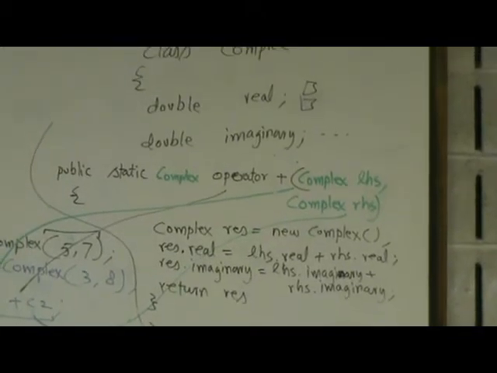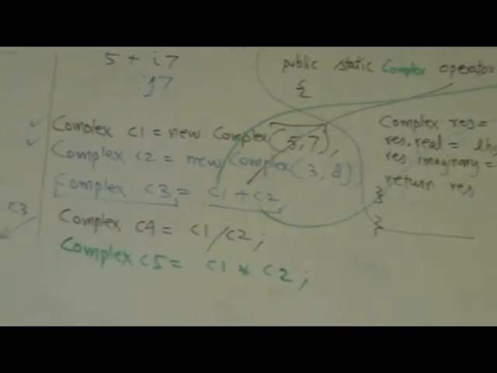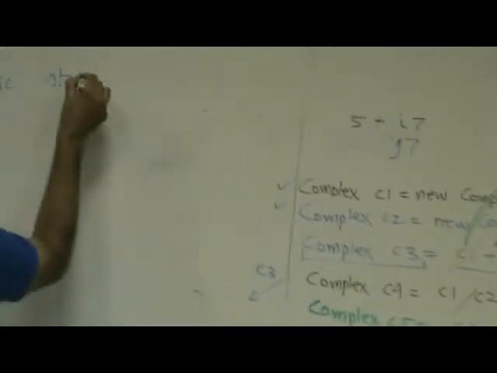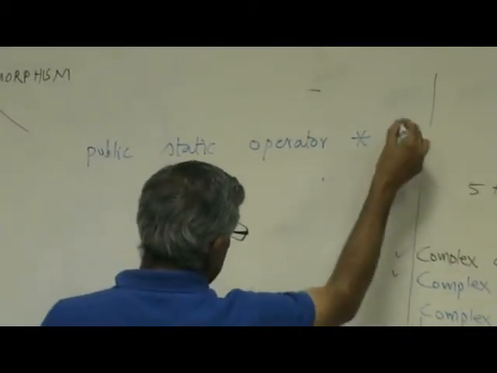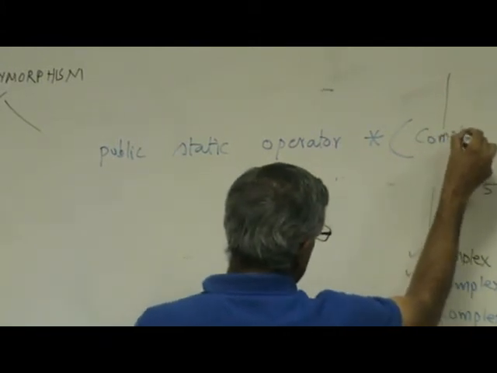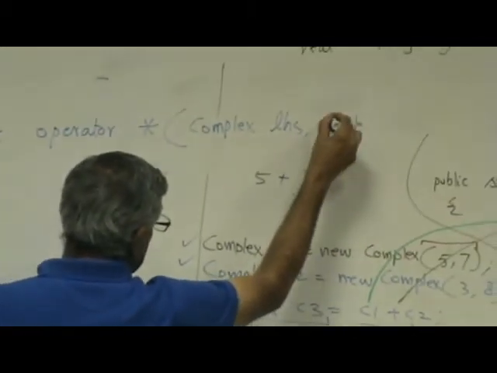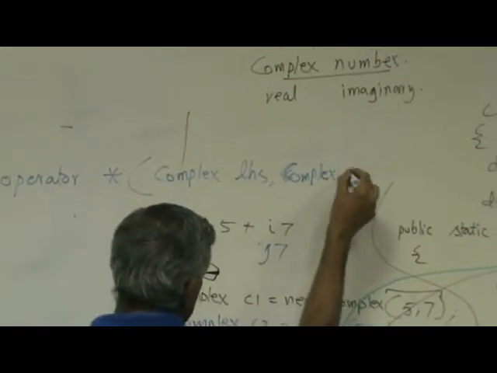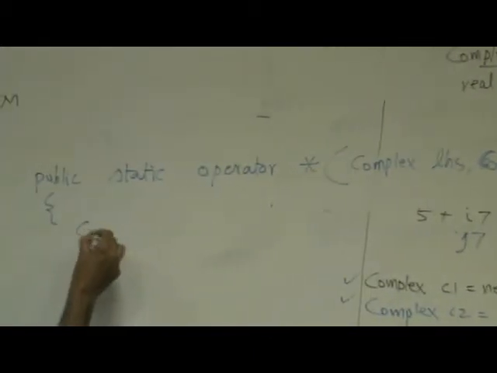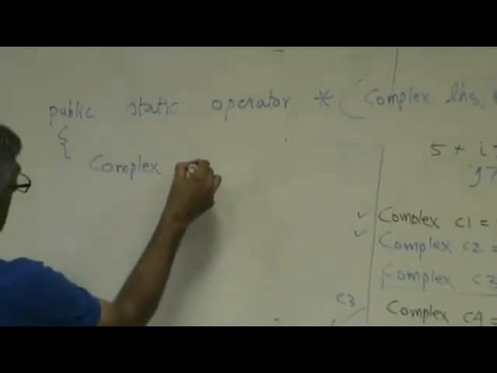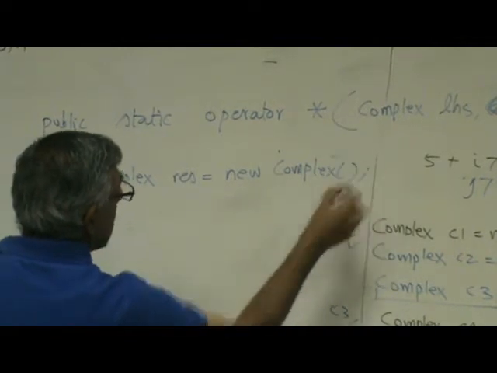Okay, so in the same Complex class now, you will add one more method over here, public static operator multiply, with Complex LHS, Complex RHS. Again, Complex result equal to new Complex. So we'll create memory for our result, right?